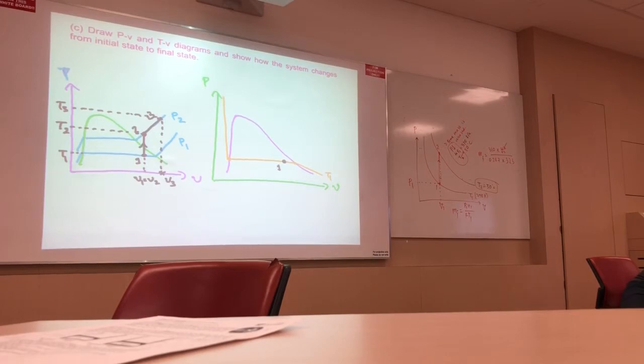Then this one is T2. And this one is state 1. It goes from 1 to 2, a constant volume process. Right? And later it follows. This is T2.